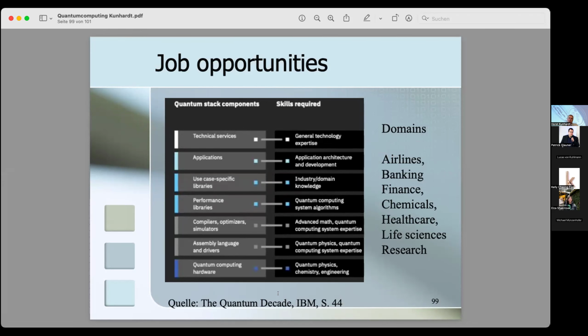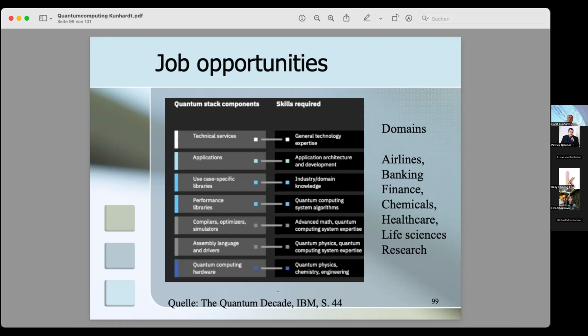There are a lot of domains where quantum computing is relevant: airlines, banking, finance, chemicals, research, and healthcare especially. Patrick writes and wrote a book on that. Life sciences is the meta term for that, and especially research.